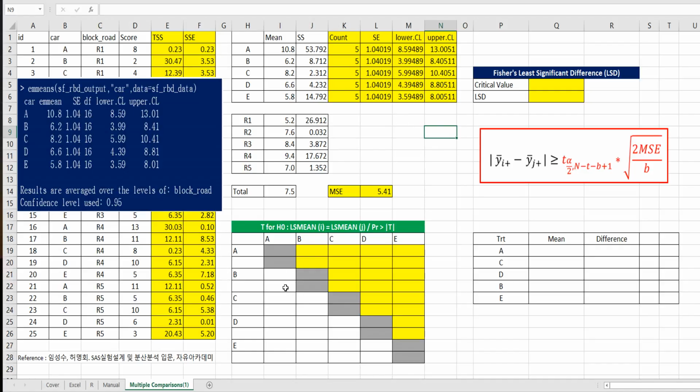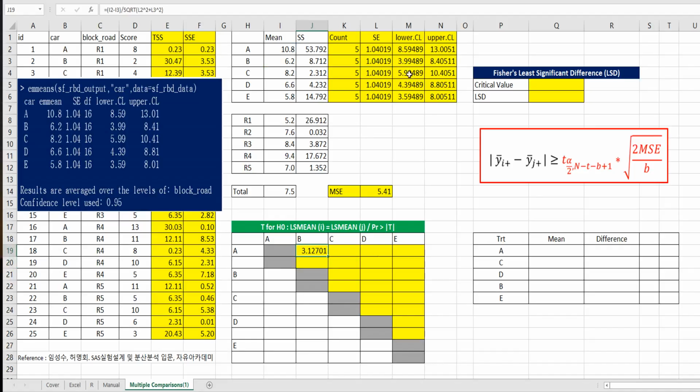Let's get multiple comparisons based on t. For A and B, we can get the t statistic; for the numerator, it is the mean of A minus the mean of B, over the square root of the standard error of A squared plus the standard error of B squared.